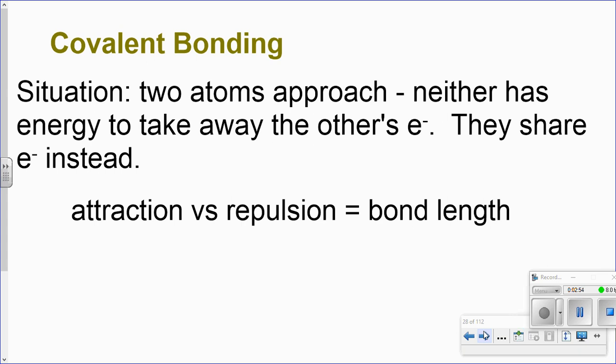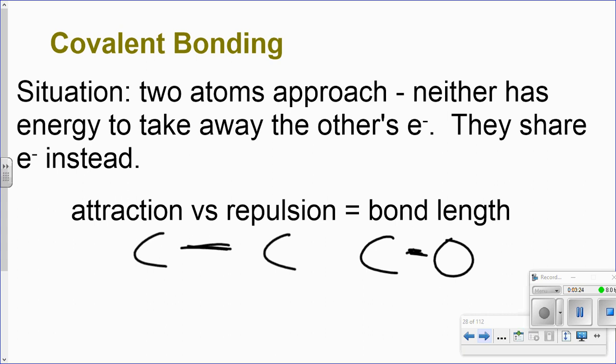If they're really attracted to each other, like for example if we have two carbon atoms, the bond length looks like this because they're attracted to each other. However, if we have a carbon and an oxygen, it might be a little shorter because now the oxygen wants to bring in that carbon a little bit tighter. And we'll talk about bond length more when we talk about the different forms of bonds, multiple bonds, different things being attracted to each other.